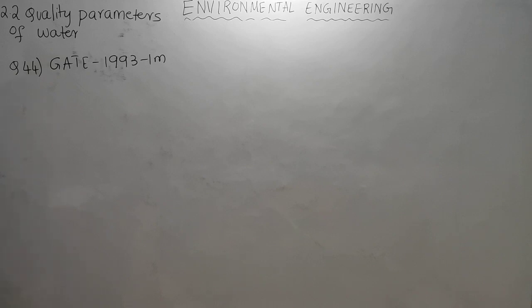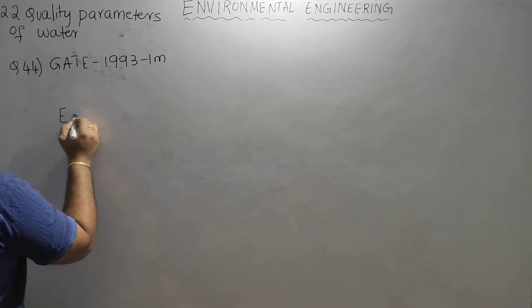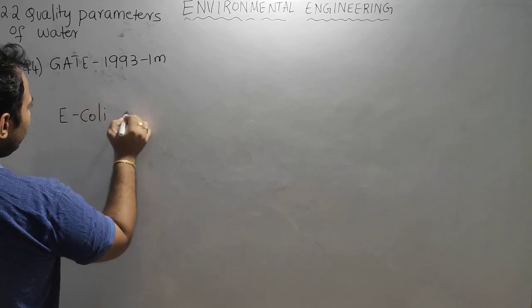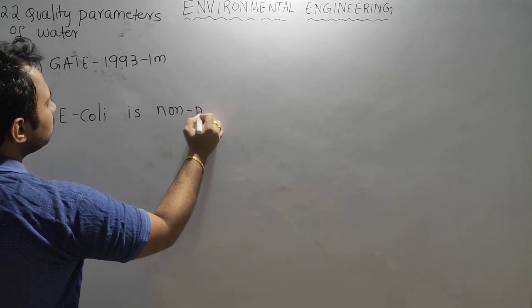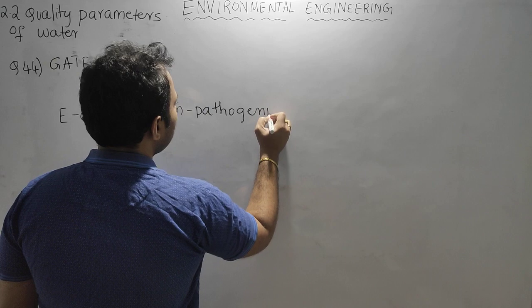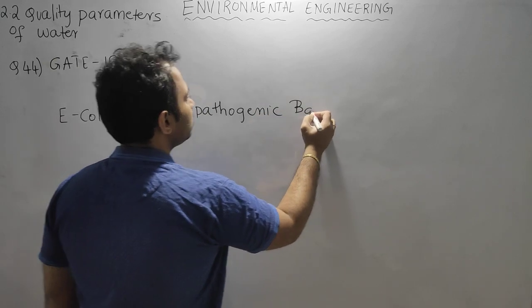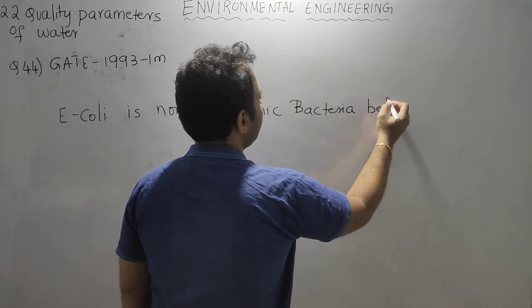So E. coli is a non-pathogenic bacteria that belongs to the coliform group.